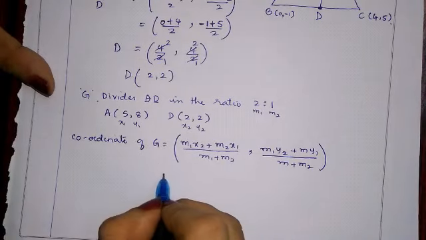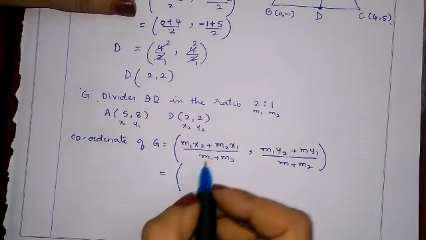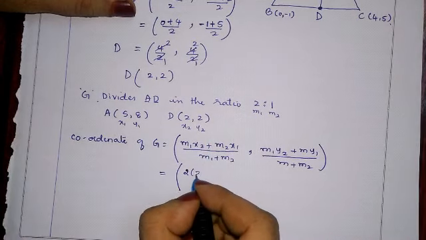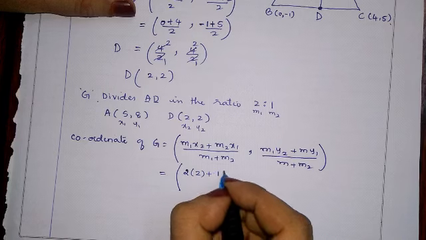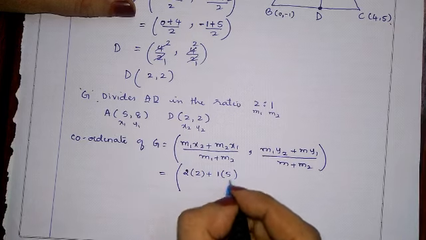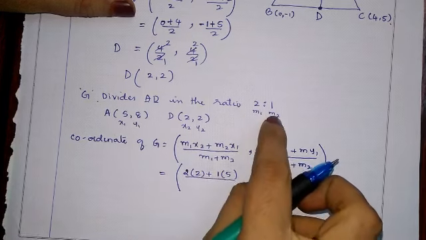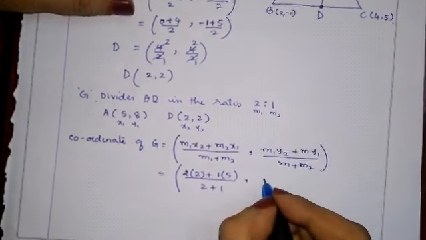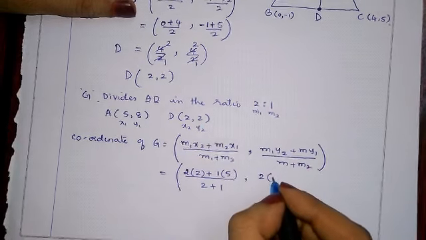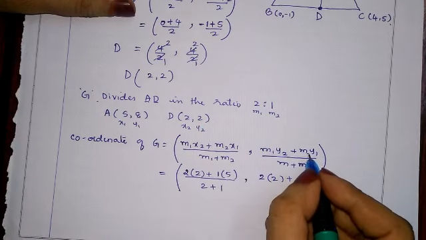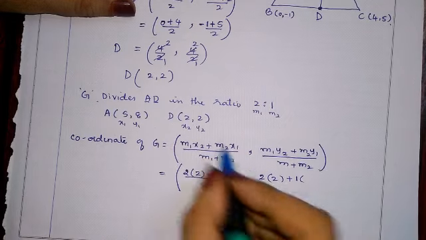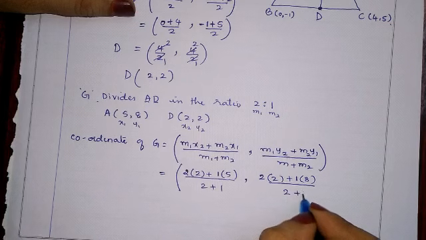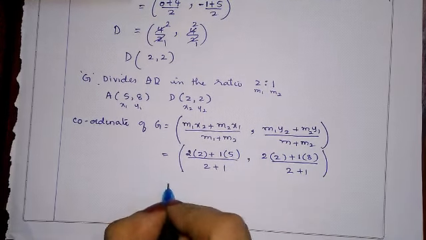Now the coordinates of G are: m1 is 2, x2 is 2, plus m2 is 1, x1 is 5, upon 2 plus 1, comma, m1 is 2, y2 is 2, plus m2 is 1, y1 is 8, upon 2 plus 1.